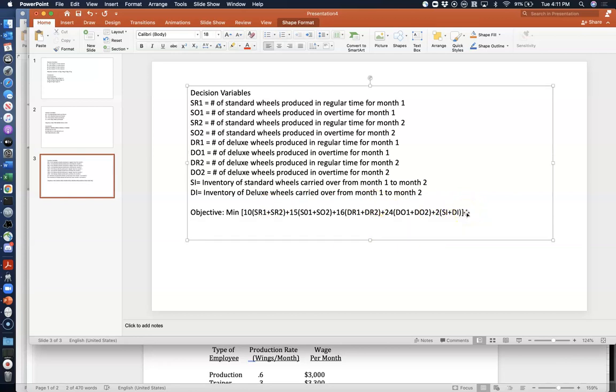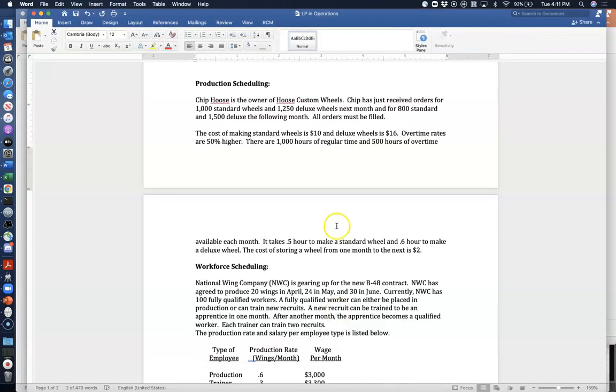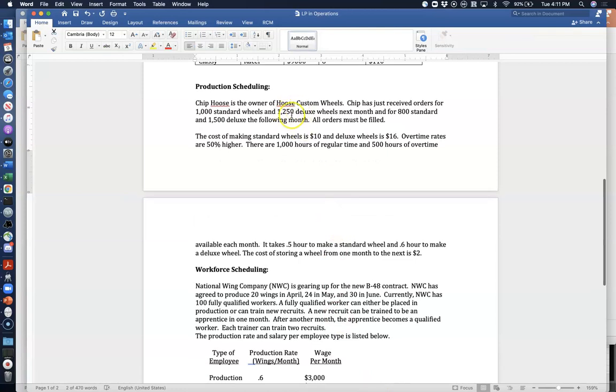Right? Let's write the constraints. Now, what are the constraints? So remember that you have to have at least 1000 standard wheels and 1250 deluxe wheels in the first month, and at least 800 standard wheels and 1500 deluxe wheels in the following month.